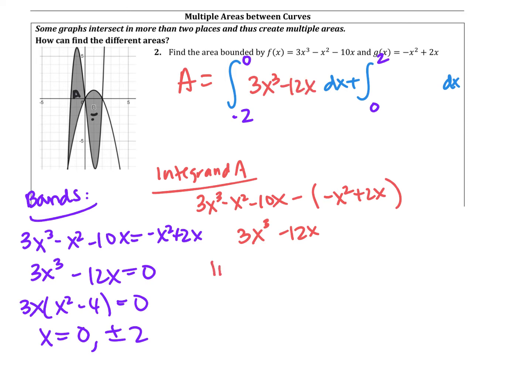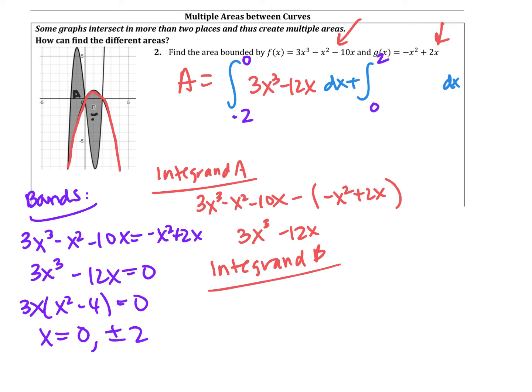Now, one of the things that we talked about in the last video was that if we accidentally have the wrong function on top, the issue with our final answer is just going to be off by a sign. So if we accidentally had the quadratic minus the cubic, our answer would be negative. Well, in this second piece of area, the quadratic is forming the top of the area.